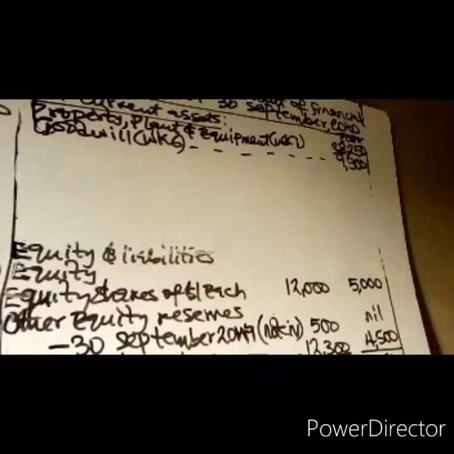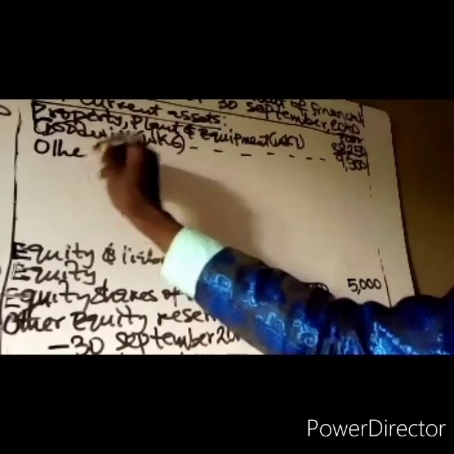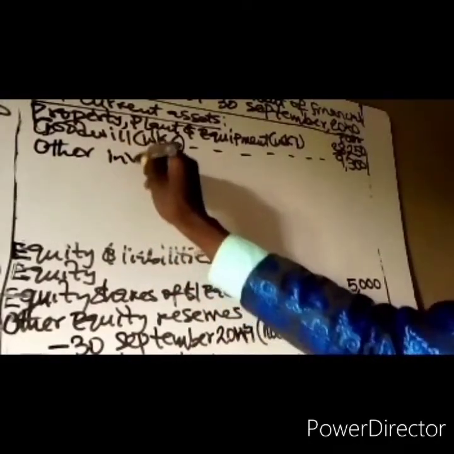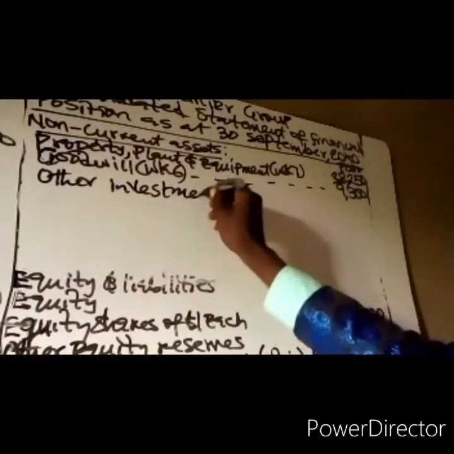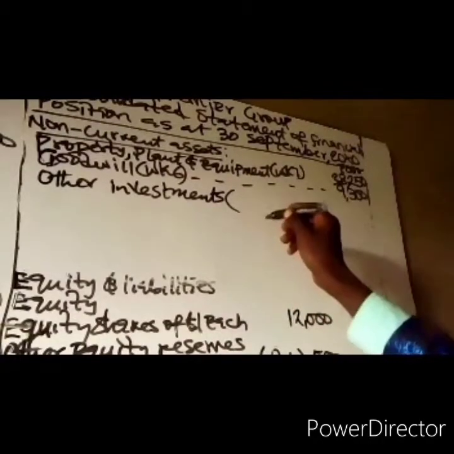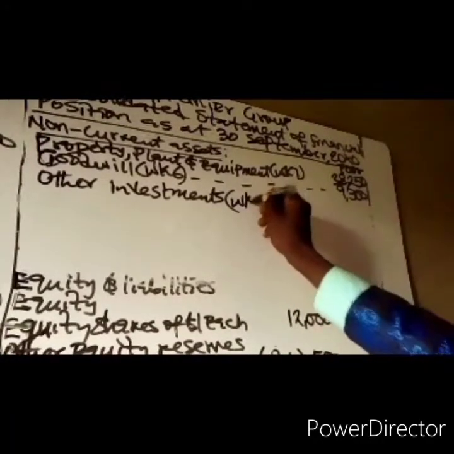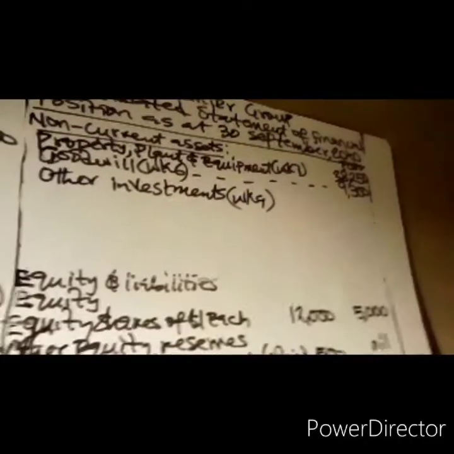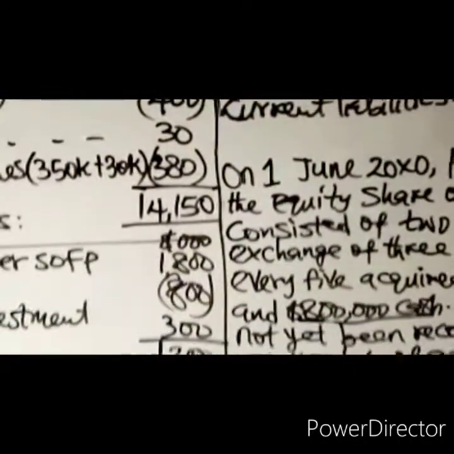So we can now have other investments in our consolidated statements of financial position. That is working 9. Our other investment is 1,300.